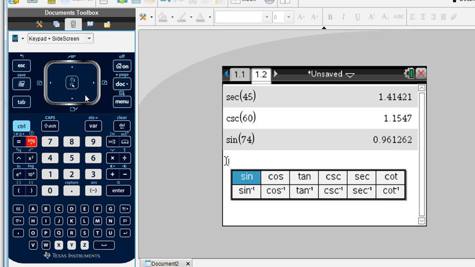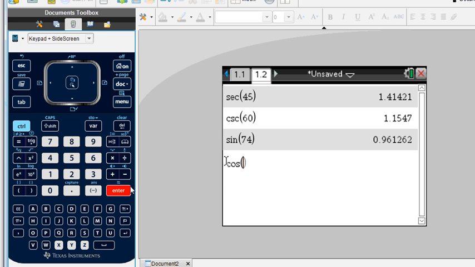So we go to our trig button, cosine. We'll have 19 degrees plus, I'm just going to put 23 over 60 here inside the parentheses with the 19, and we'll get our answer, which rounded to 3 decimal places is going to be 0.943.